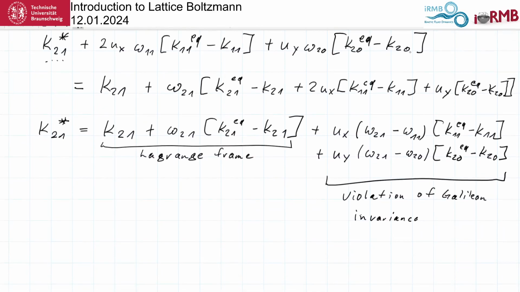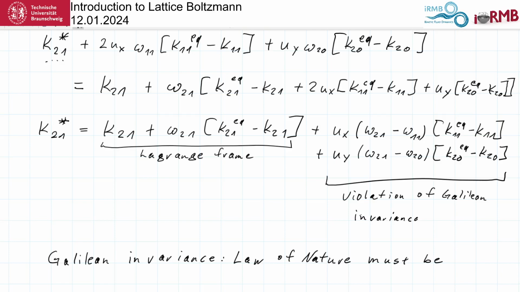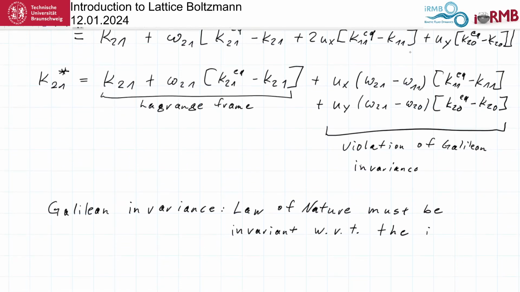Okay, I write, because this is important, I write it down again. Maybe a little bit more accurate than the first time. So the Galilean invariance: any law of nature must be invariant with respect to the inertial frame of reference.